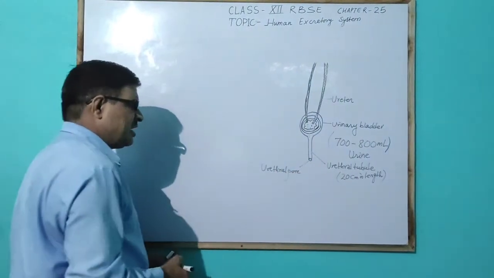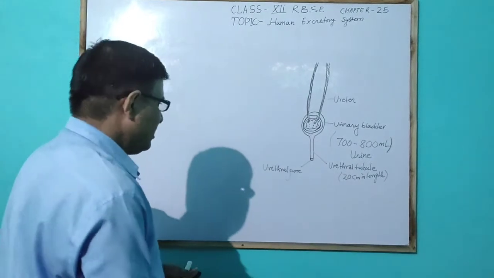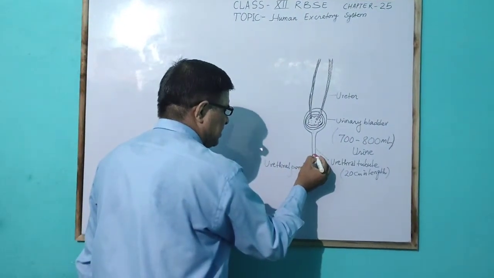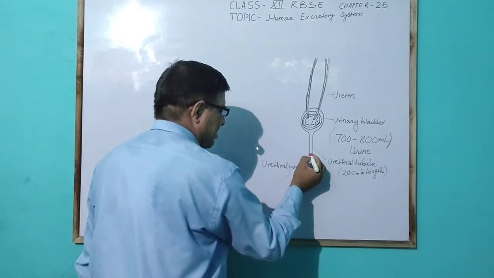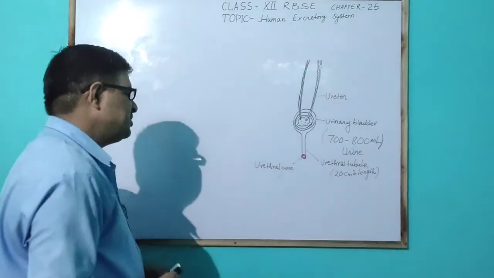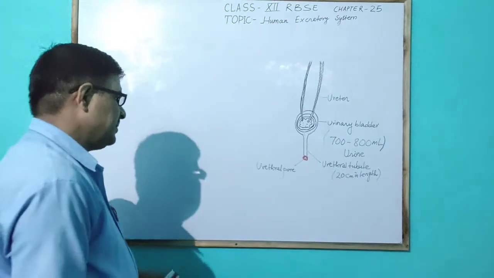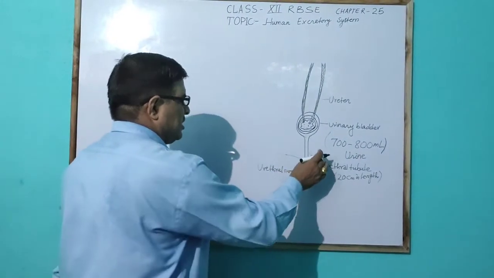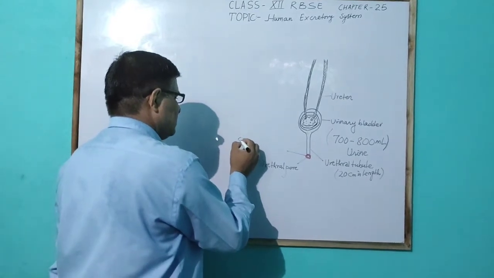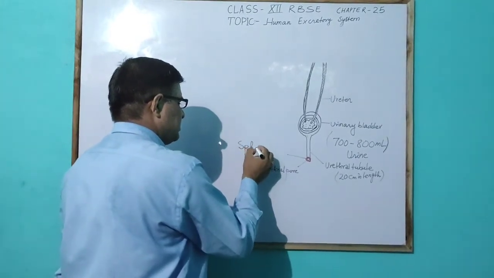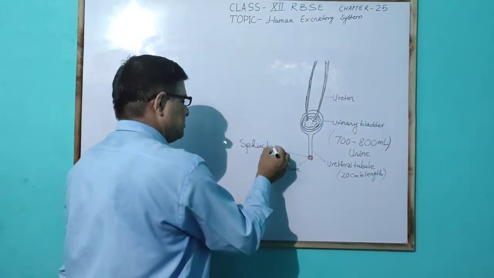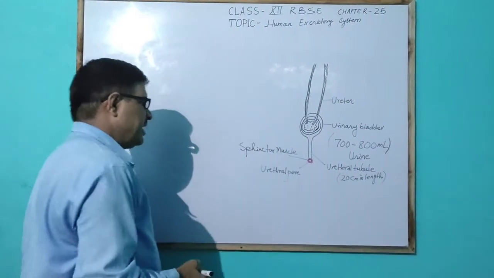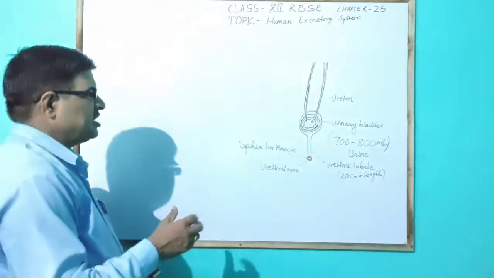The urethral orifice is surrounded all around by a small sphincter muscle. This sphincter muscle jointly contracts and closes the urethra. This muscle is called the sphincter muscle, which has a constriction property.